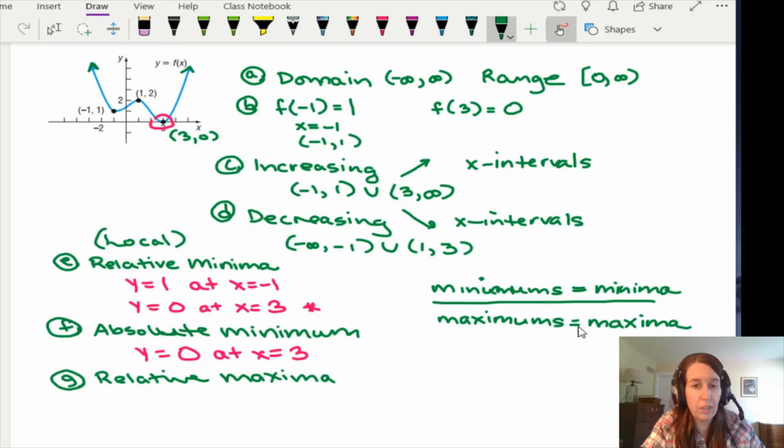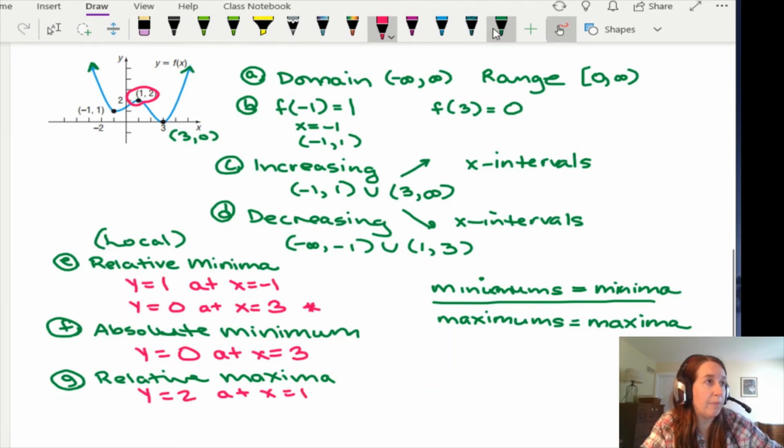That's literally just the plural, so there could be more than one relative max. Looking at the graph, let me erase that minimum. It would be just a relative top of a hill. There's one right there, lower on both sides. That is actually the only one, and that y value is 2 at x equals 1. There's only one of them.